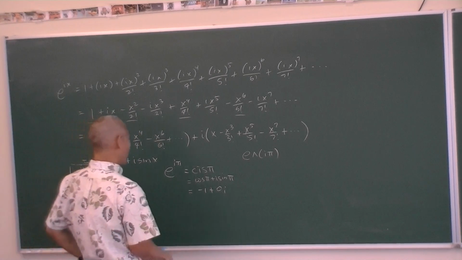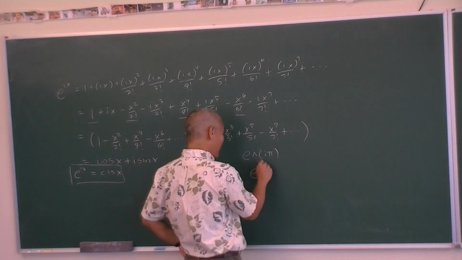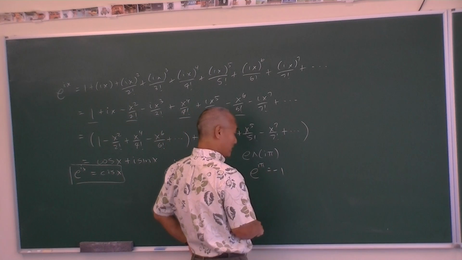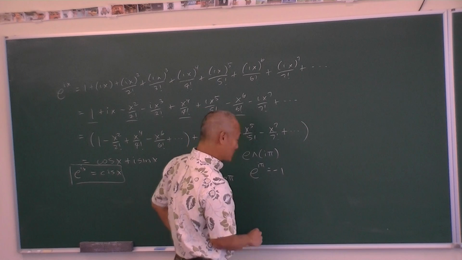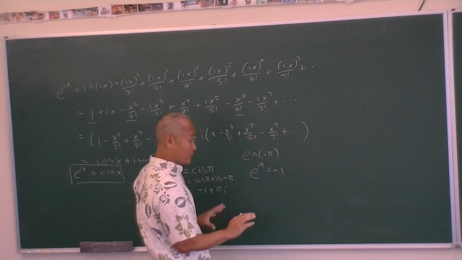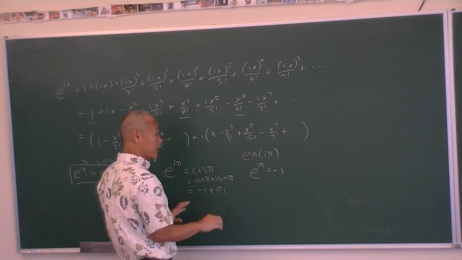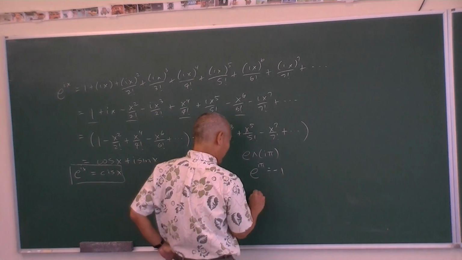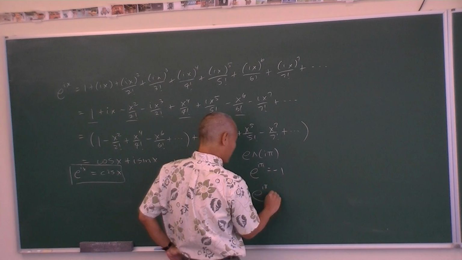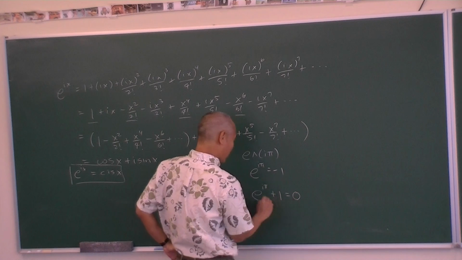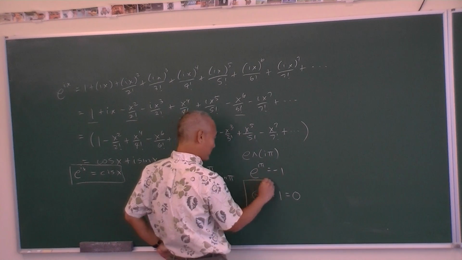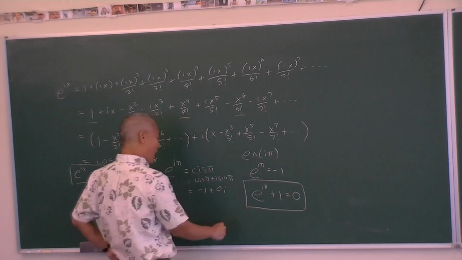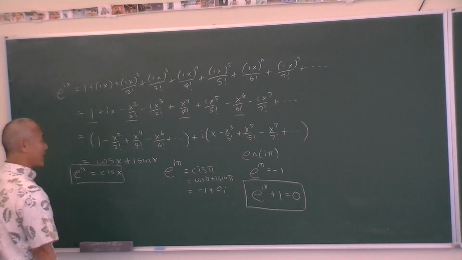So what did we just show in this problem? e to the i pi power is -1. Now watch this. I'm going to add 1 to both sides, and this is one of the most beautiful equations in the history of the universe. e to the i pi plus 1 equals 0. Just adding 1 to both sides. Why is this equation so famous?